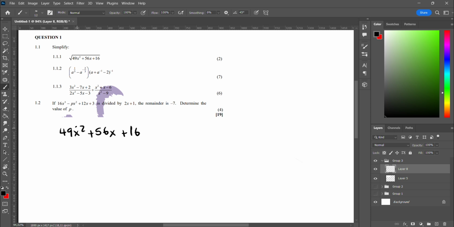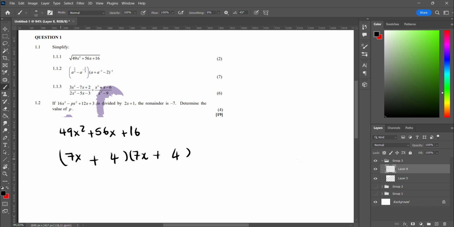For 49, it will be 7x, and whatever we're adding, the 16, when we multiply it, it has to be 4, and these are both pluses.